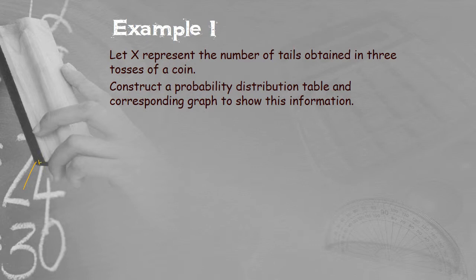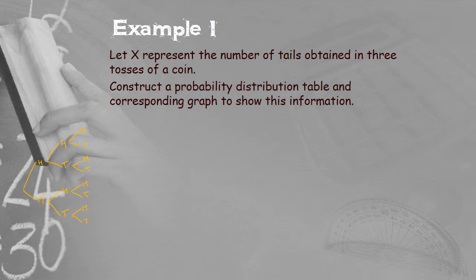If we throw our coin, we can get a heads or a tails. First throw, second throw, heads or tails, and then our third throw, once again, we can get a heads or tails. So by using our tree diagram, this allows us to come up with our sample space.